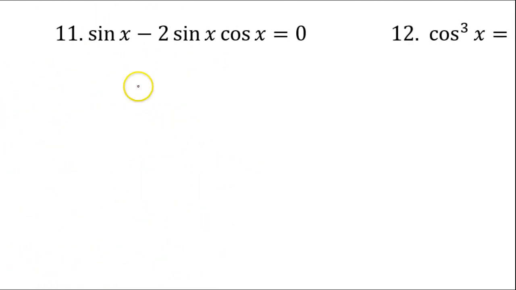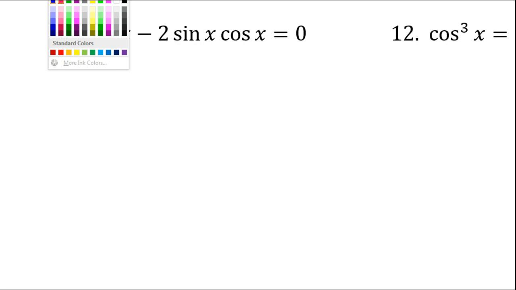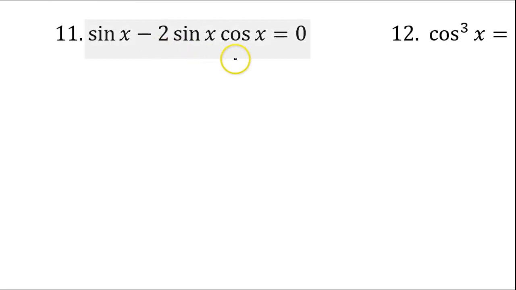That means it's time for problem number 11. Interesting, interesting. Whenever I see that I have the same thing in more than one term, I think about taking out the common factor outside of parentheses. So that's going to be my strategy now.